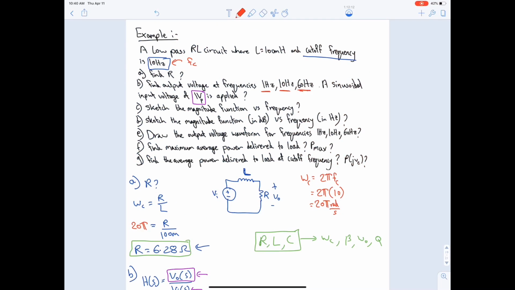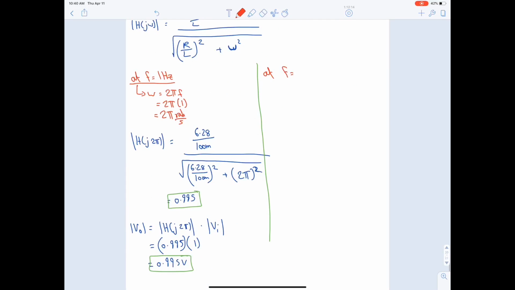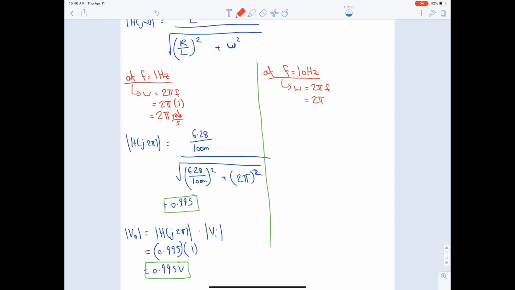Moving on to the second frequency, which is at f equal to 10 hertz. Omega is 2 pi f, 2 pi times 10, which is equal to 20 pi rad per second.